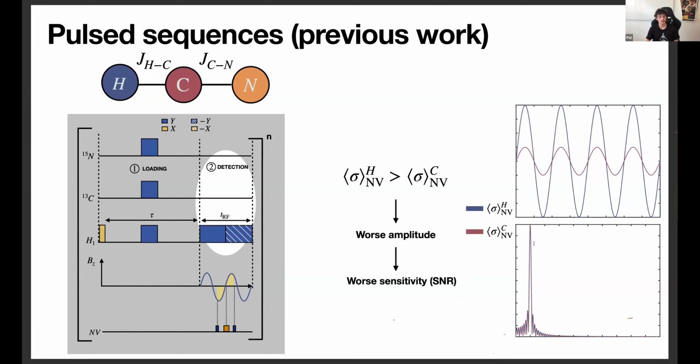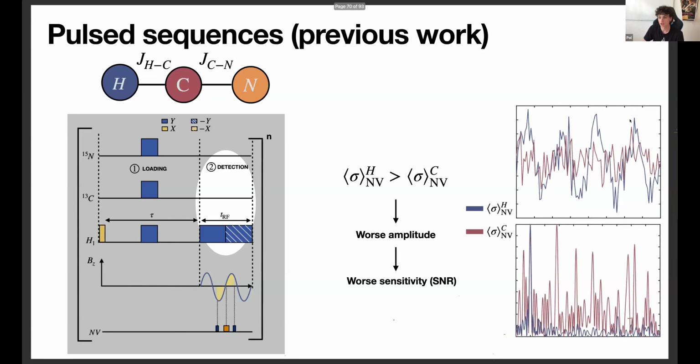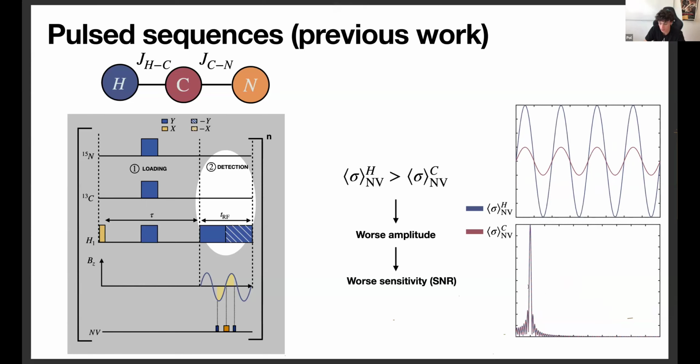There's no problem, but the problem comes when I add realistic conditions to it, so when I add noise. If I add noise, notice how the signal turns into a very messy thing. But if you focus now on the Fourier transform, look only at the blue line, the blue peak, which corresponds to the hydrogen.